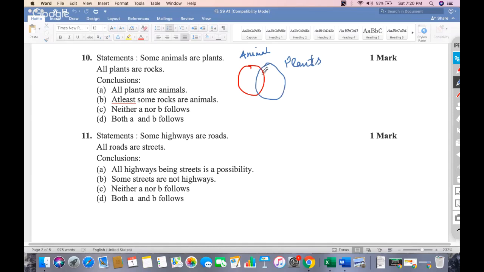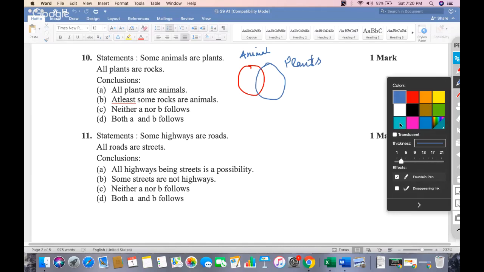All plants are rocks. So now try to understand, all plants are rocks can have different conditions. It can be like this, or it can be like this also. This can also be rock where both the circles are inside. So different scenarios are there.